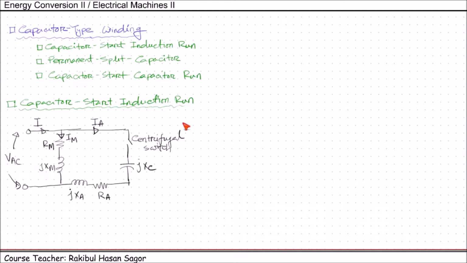So if we draw the vector diagram, V will be in this direction. IM current will definitely be lagging because this is an inductive and resistive load connected in series. So this is IM, and IA will have a leading value. This is the auxiliary current.